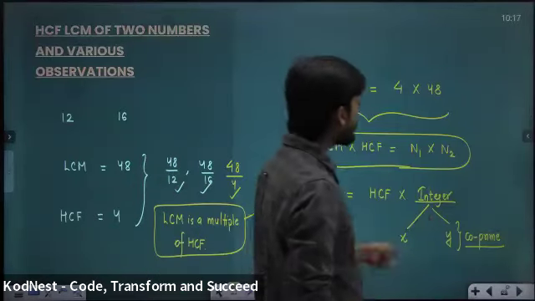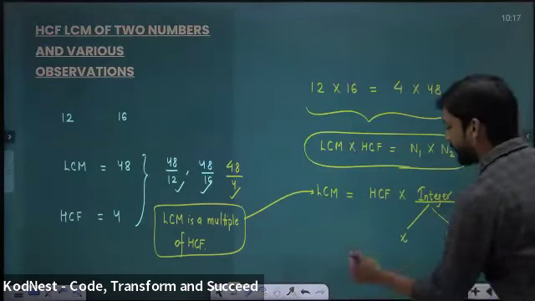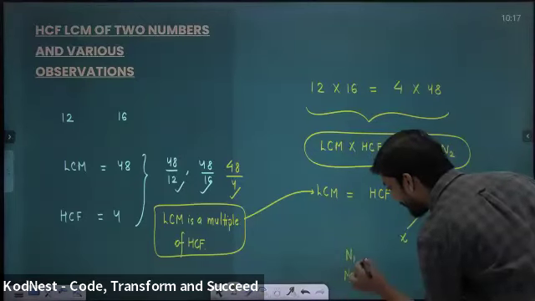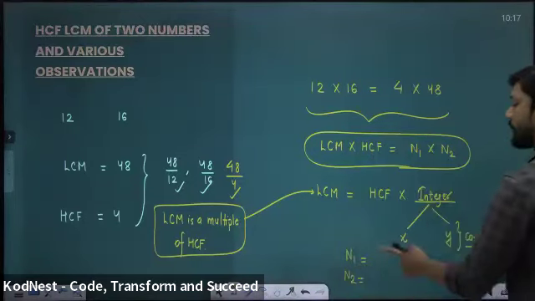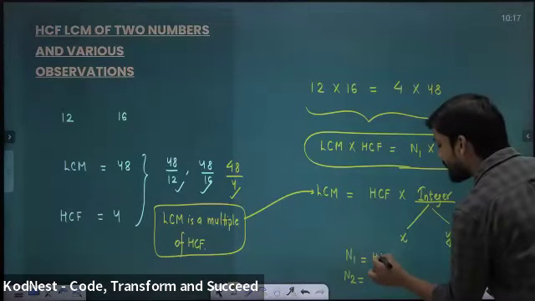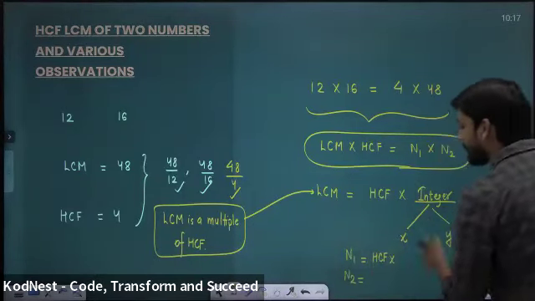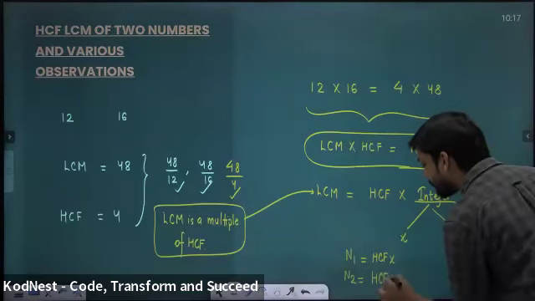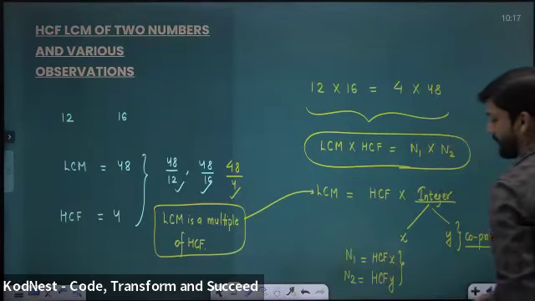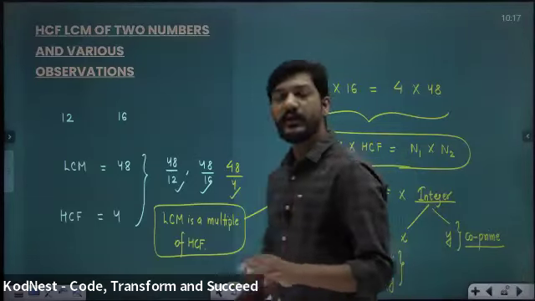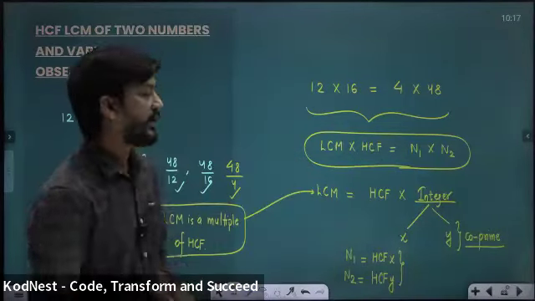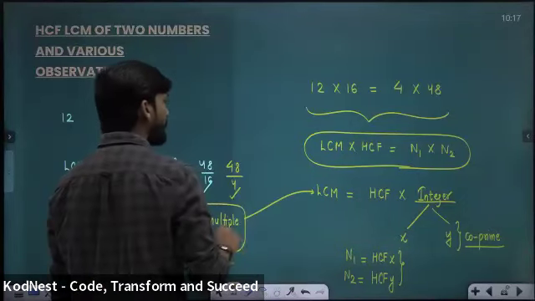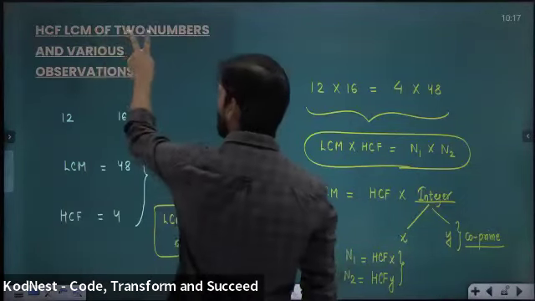The second thing is, once you find this, you can find your numbers like this. Your first number will be HCF into X. Your second number will be HCF into Y. So this is what you can do. Please remember, we are discussing two numbers.